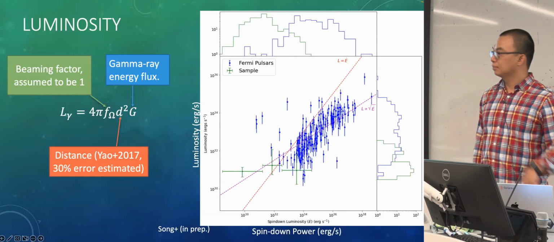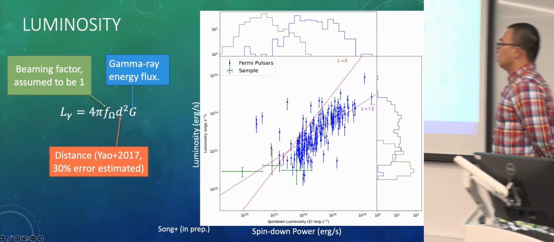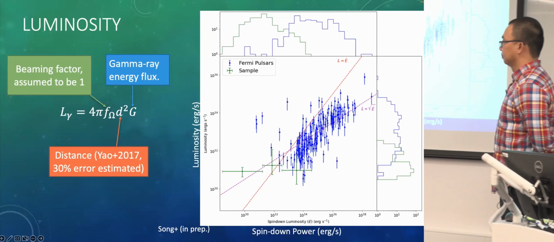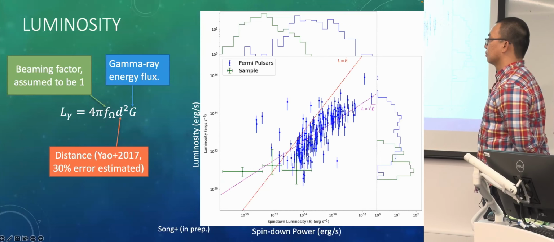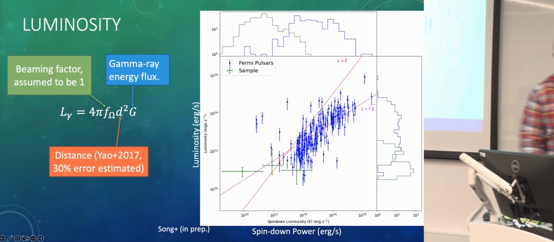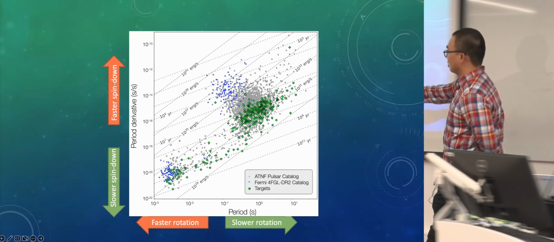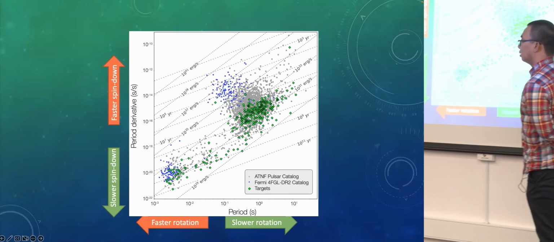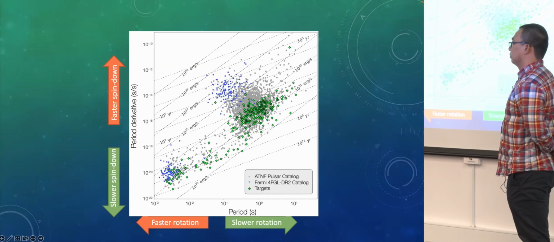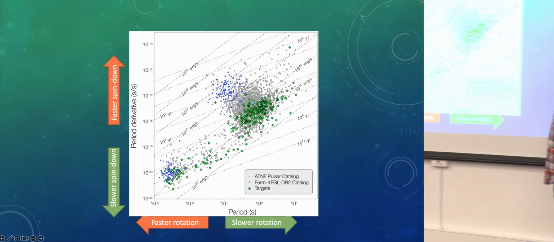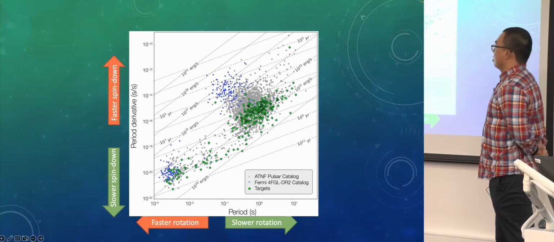There's no questions. Maybe I can ask something very basic. I think in the observed sample you had some millisecond pulsars, right? Eight, actually. Yes. But in the simulated sample you didn't have any of those yet, like the longer period ones, right? Yeah. So why is that so?